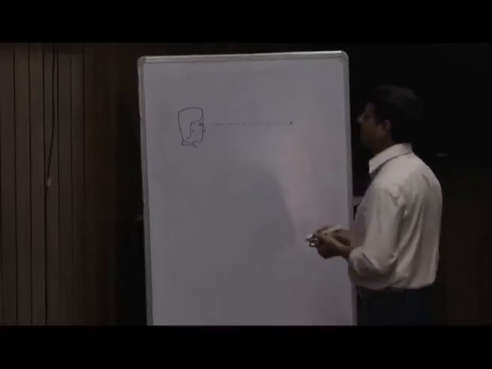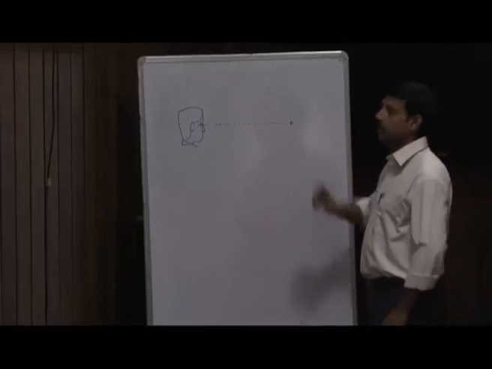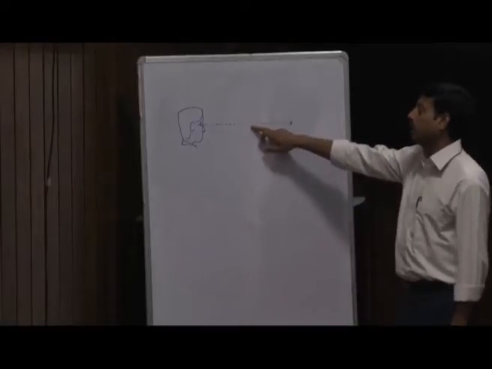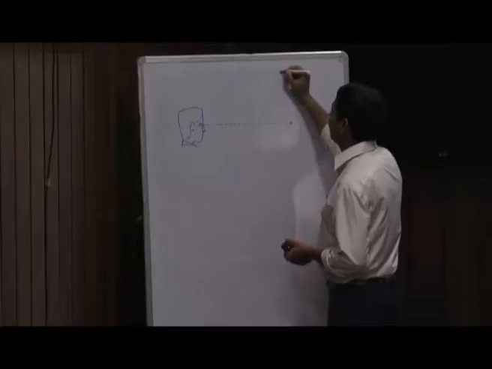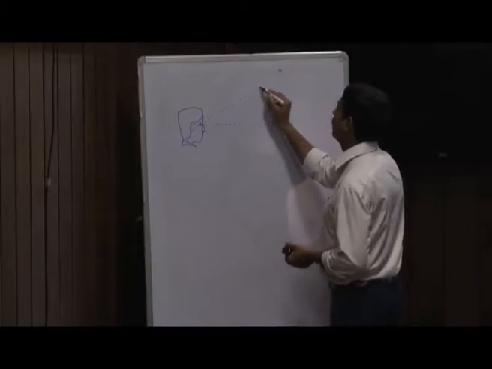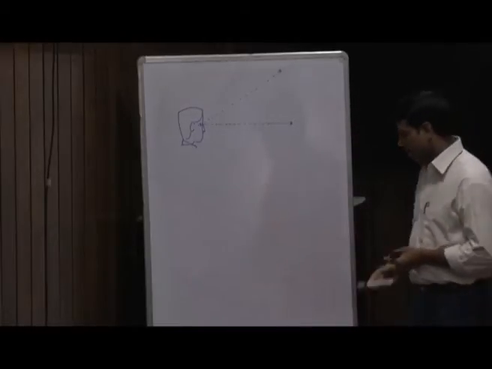So, this is a line of sight. When one individual is fixing his or her eyes at a particular point, this is called the line of sight. This may be the fixation point. So if he is looking at this point, he can fix his eyes at this point also. So this is the line of fixation.